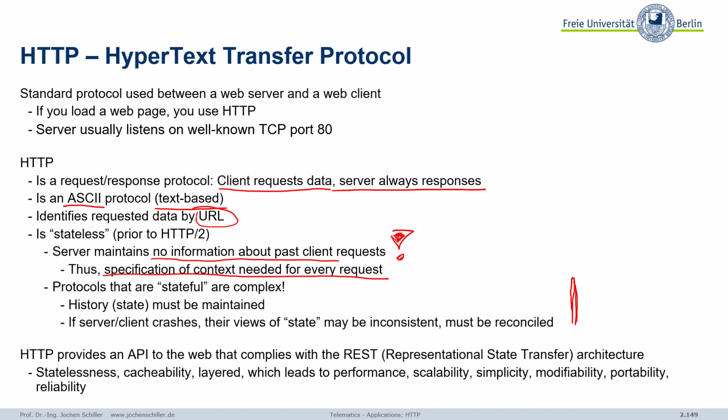You can way easier modify it, portable, reliable, etc. So that's the idea, to keep things simple. I wrote here prior to HTTP 2, and we will see there is some state stored somewhere, and there are some reasons why today we are not completely stateless anymore. We can discuss this. But let's go back to the basic protocol.